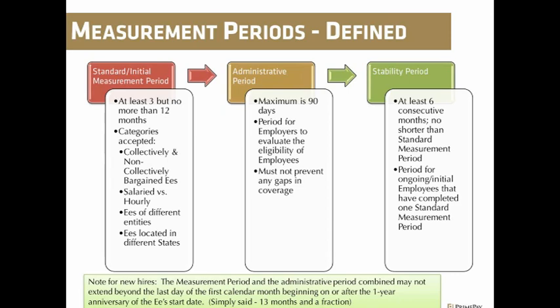Simply said, for a new hire that goes through the initial measurement period and then a subsequent administrative period, it can be no longer than 13 months and a fraction of days, depending on when they were actually hired. So just so you know, I'll show you an example here today where I wanted to touch on that with you.